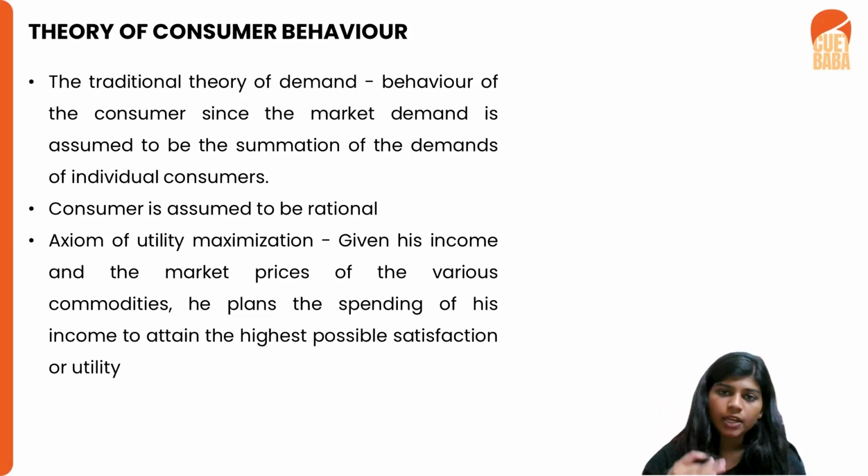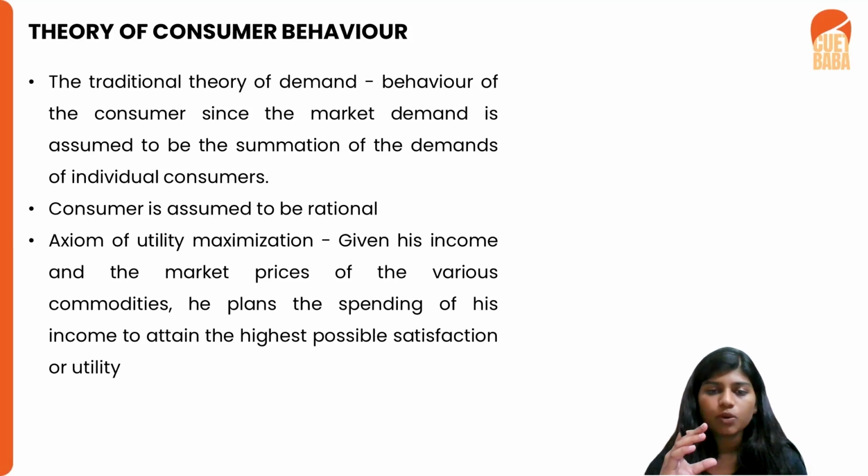You can always buy below that level. So the goods that we are buying should always be below that. So given his income and the market prices of various commodities, he plans the spending of his income to attain the highest possible satisfaction or utility.